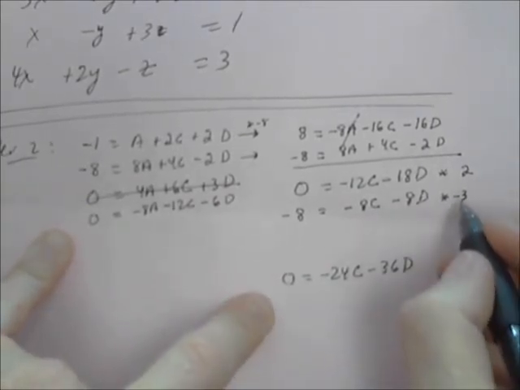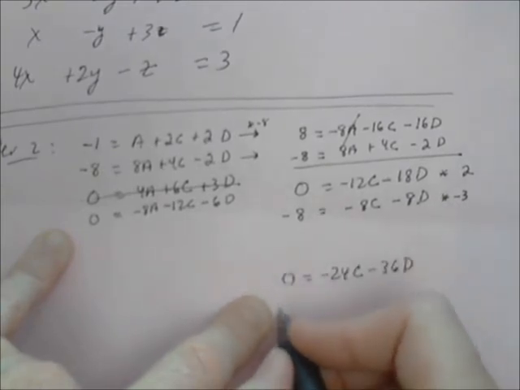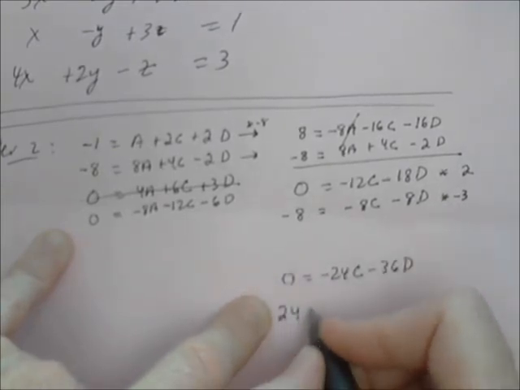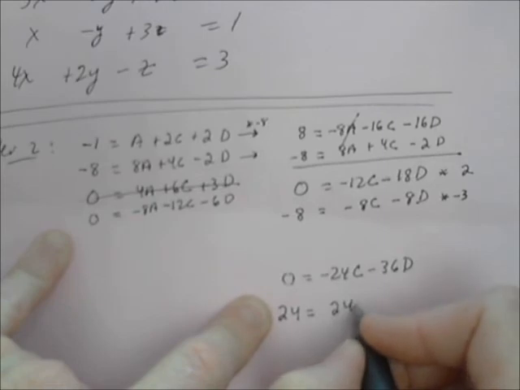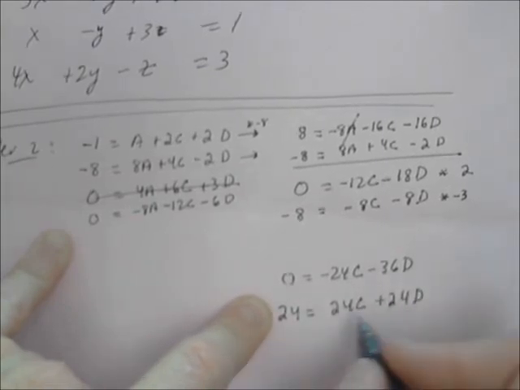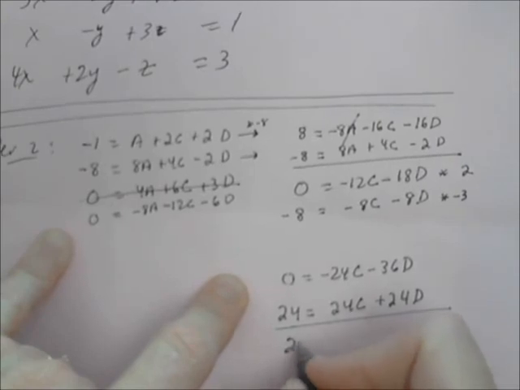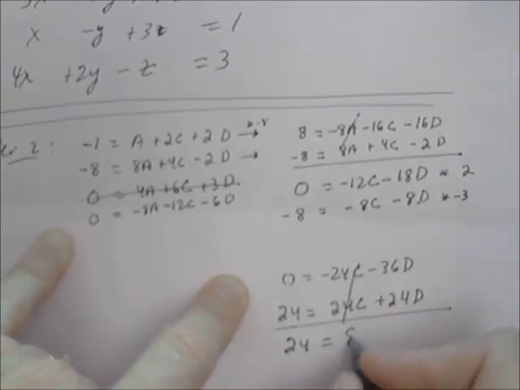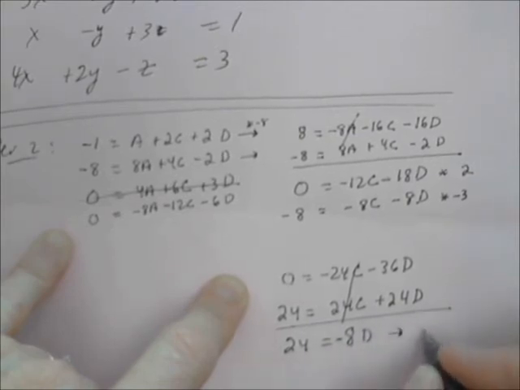This next one, -3 times -8 is 24 is equal to 24c plus 24d. And when you add those together, you're going to get 24 is equal to -8d. So that means d is equal to -3.